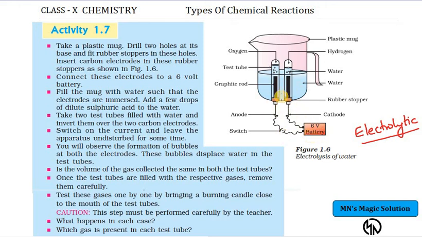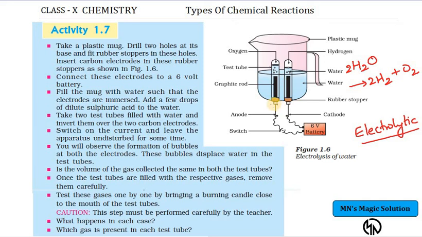When I switch it on, the H2O molecules slowly decompose into H2 plus O2. For balancing, here you will have 2H2O giving 2H2 plus O2. This reaction is an example of electrolytic decomposition.